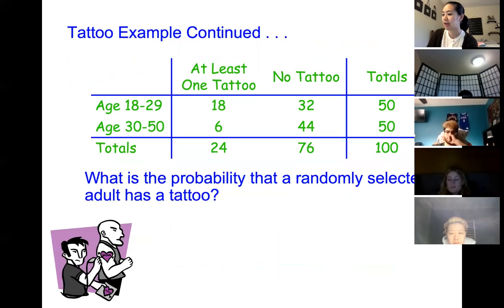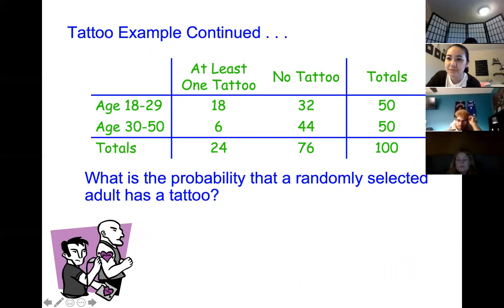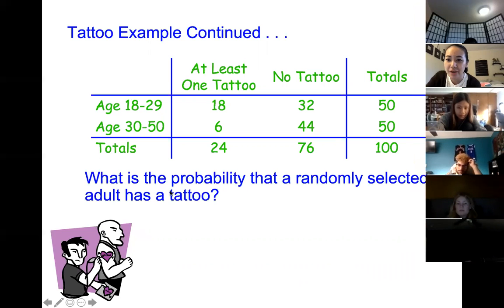Let me call on Sophie. Sophie, what do you think? Is your mic working? Unmute yourself. What's the probability that a randomly selected person has a tattoo? What numbers would you use? 18 and 6.